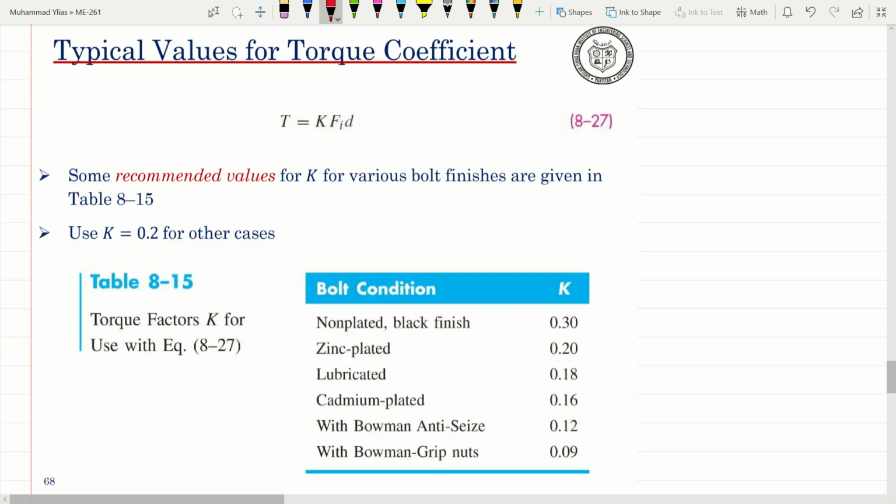Table 8-15 gives us some torque factors for various bolt conditions. So from the problem statement, you will have to identify which kind of bolt condition we are talking about, and then select the appropriate value for K if I tell you to estimate torque.